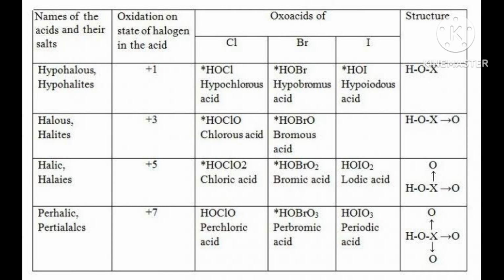Now I am telling you the physical state and color. ClF3, chlorine trifluoride, is a colorless gas, and its structure is bent T-shaped, like a T you are writing, that type of shape, bent T-shaped.